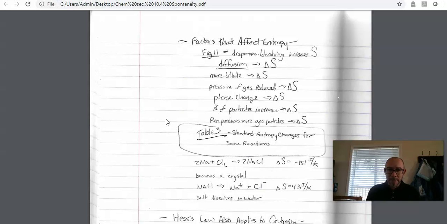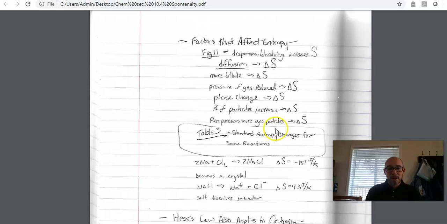You can also add more particles, and that'll make things a little bit more chaotic. More things to try to handle. It's like juggling. Juggling 2 is not so bad. Juggling 3 is certainly a different thing, and juggling 4, I can't even do that. So if we add particles to a system, that's going to increase its unpredictability, we could say, or its disorder.